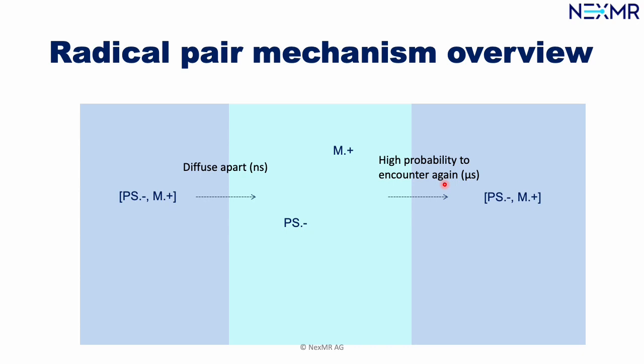And there is this increased probability to encounter again and form a cage radical pair again. And as I told you, initially it was in the triplet state, and now the singlet to triplet mixing could happen. Okay? And when they meet again after a few microseconds, they will be either in a singlet state or in a triplet state.